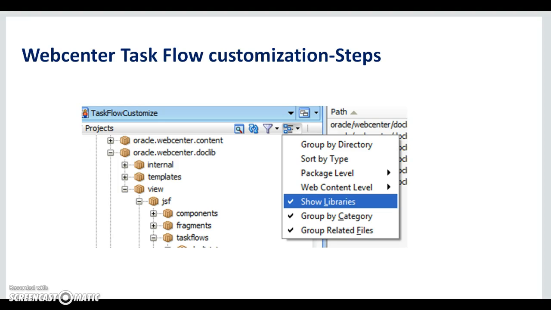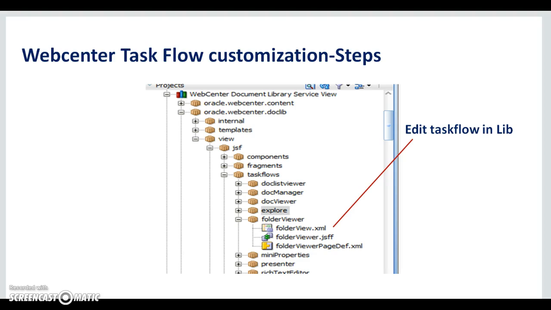Once we create the application, we will go to JDeveloper and enable the show libraries option, and then go to the right folder, task flow, or page.